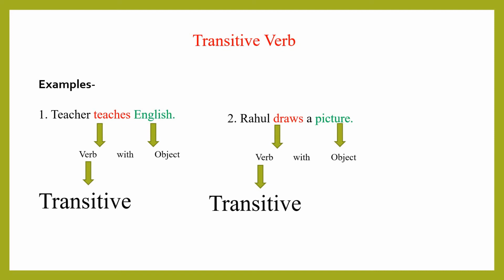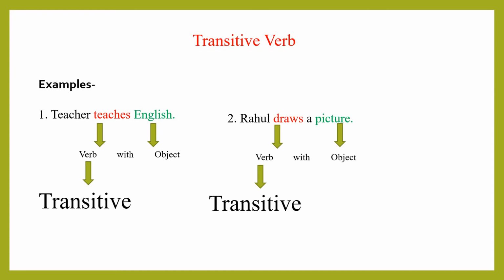Here, in the first example, the verb is teaches and the object is English. And in the second example, the verb is draws and the object is a picture. So students, we can say that a verb that takes an object with it is called a transitive verb.